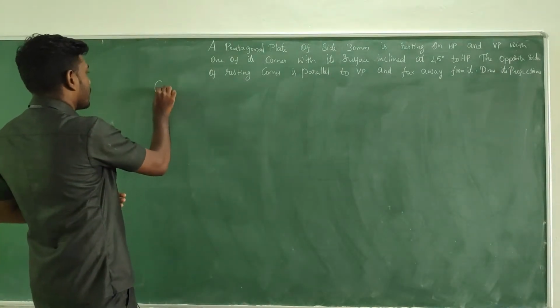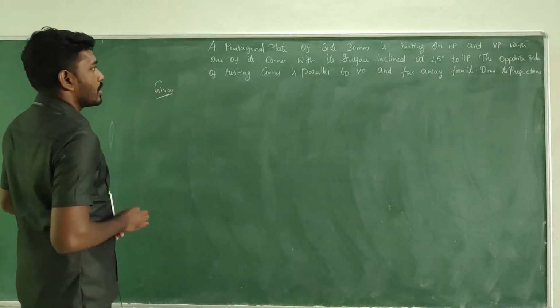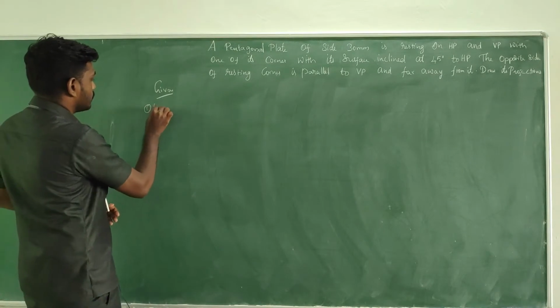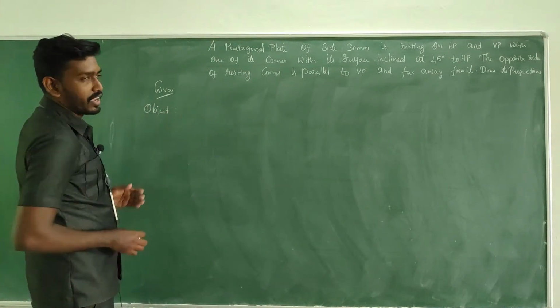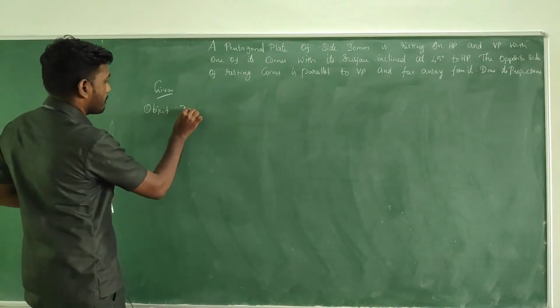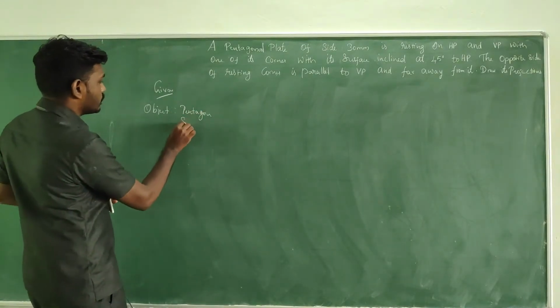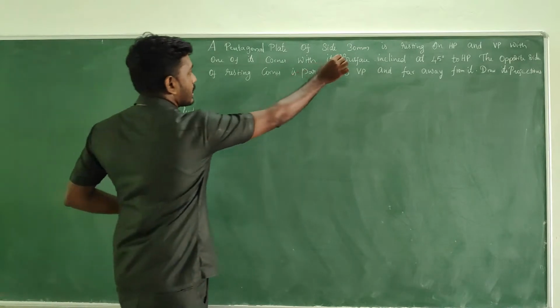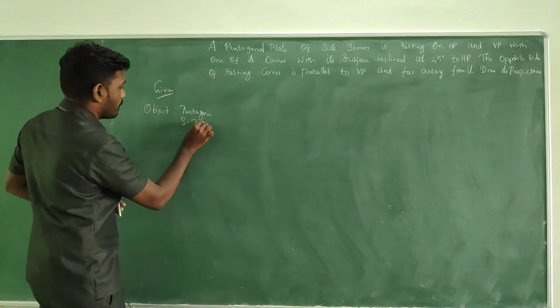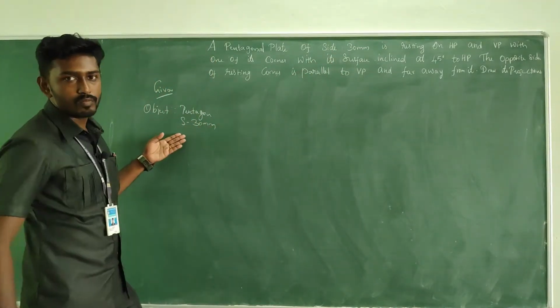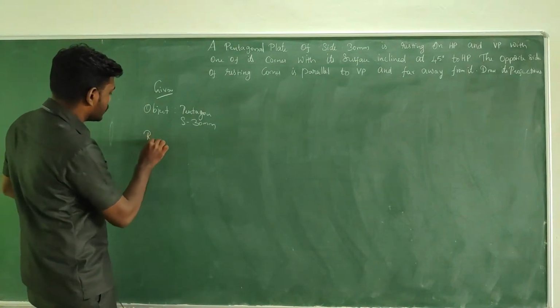So, given data: what about the object? It's a pentagonal plate, a pentagon, with a side of 30 mm. What about the resting condition?